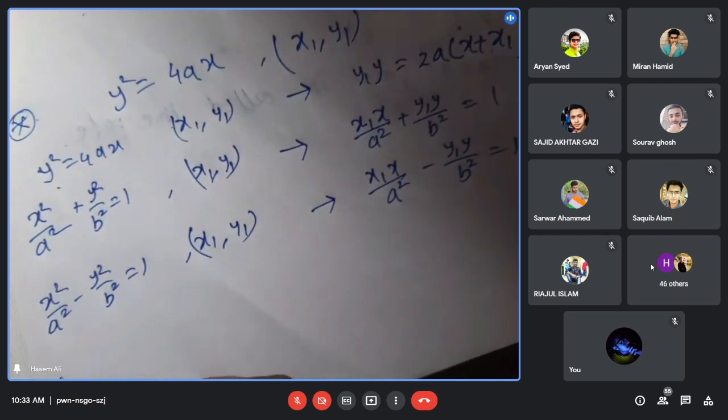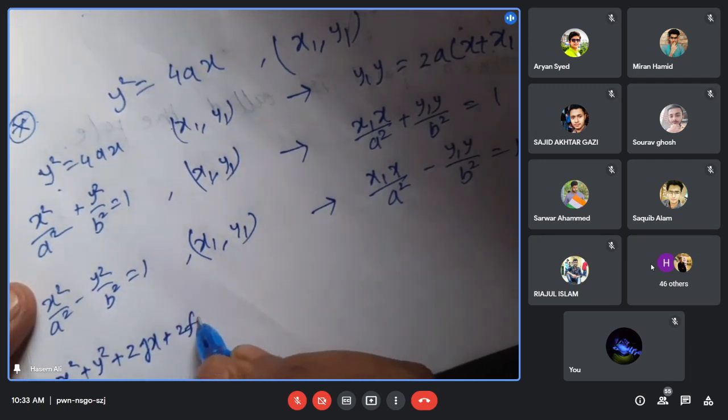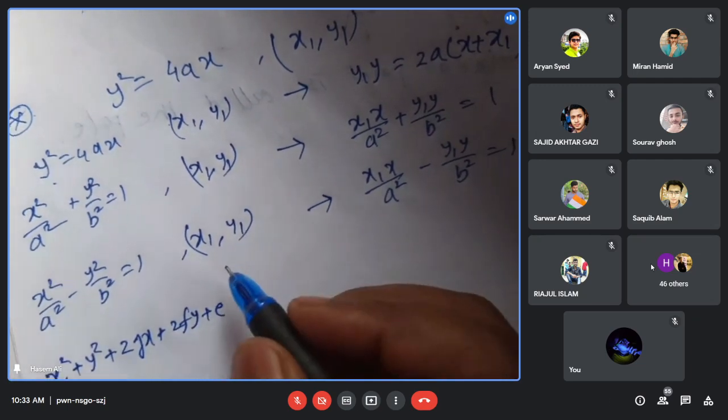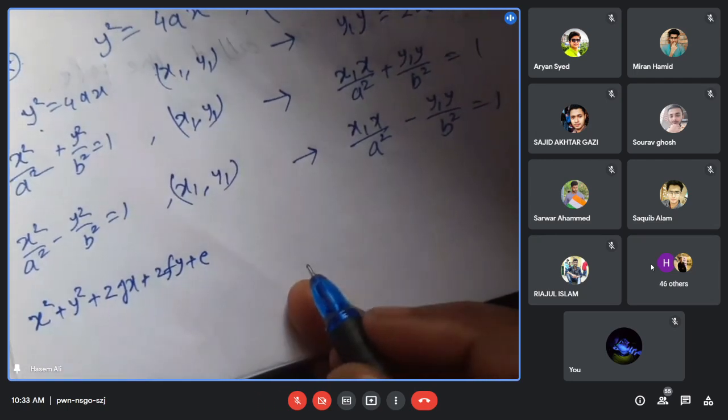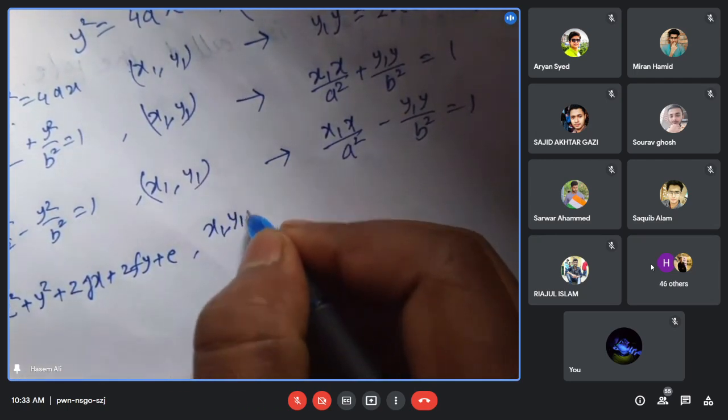And for the circle, x square plus y square plus 2gx plus 2fy plus c equals 0, this is the general equation of a circle, and the point is x1, y1.